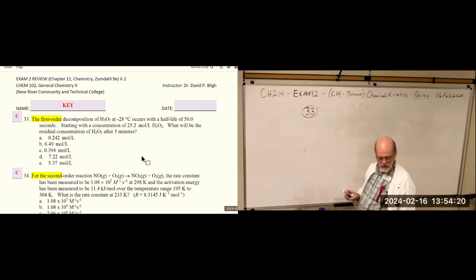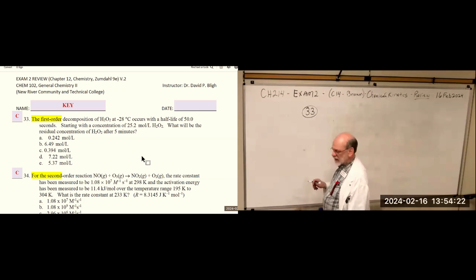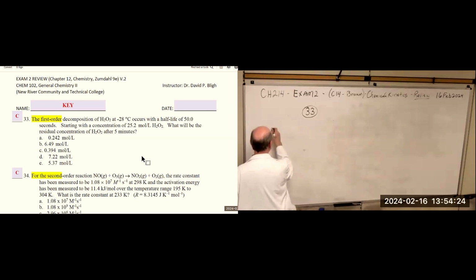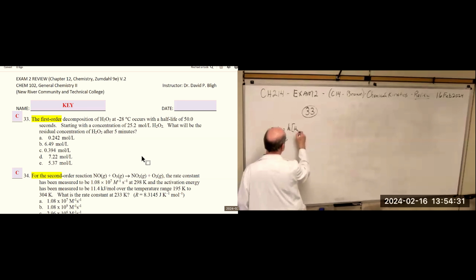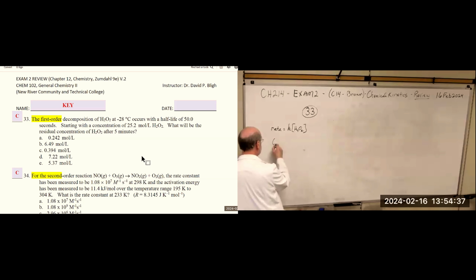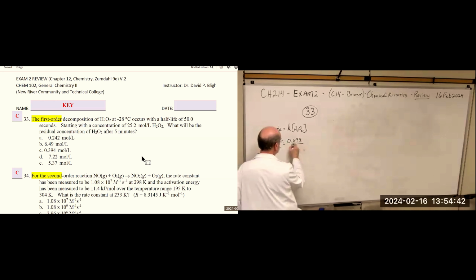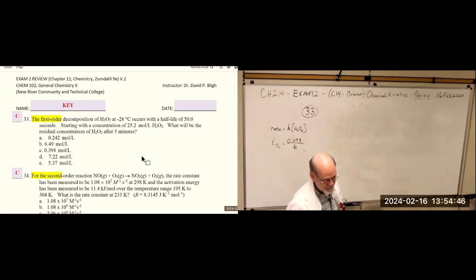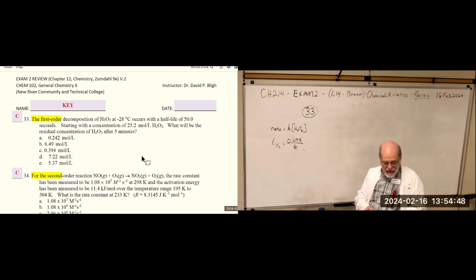All right. So we got a first order decomposition of H2O2. That means the rate equals K times H2O2 to the first order. And the half-life expression for that is 0.693 divided by K. All right. What other information have we been given?